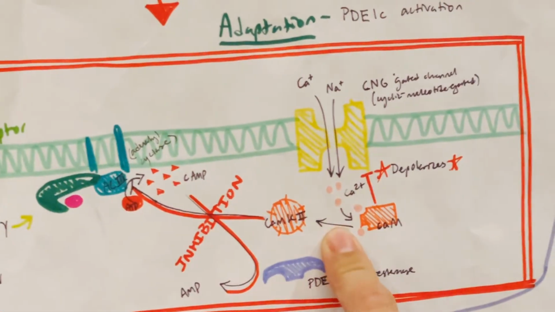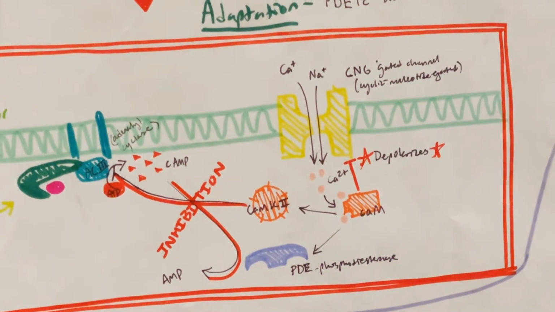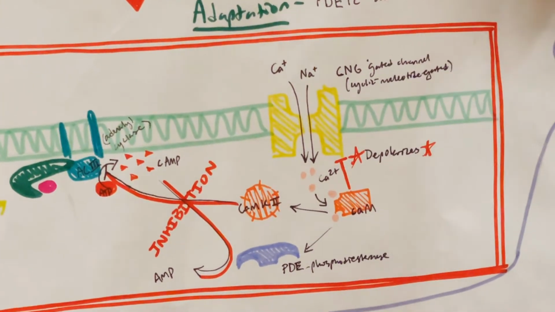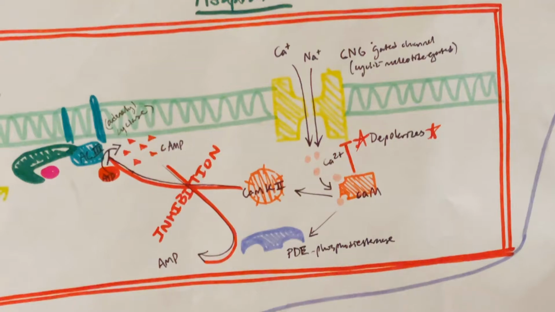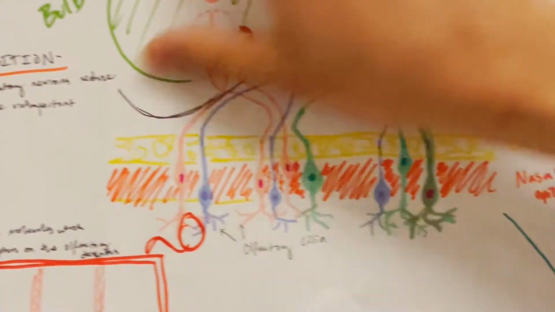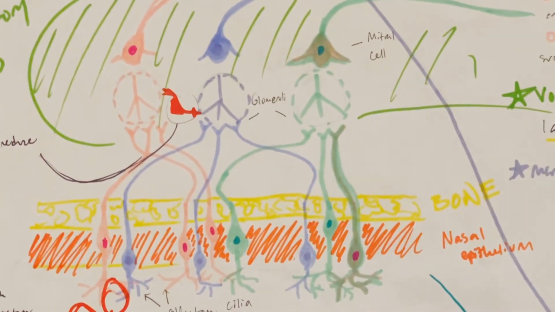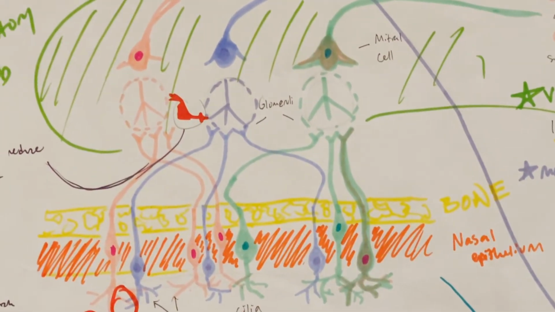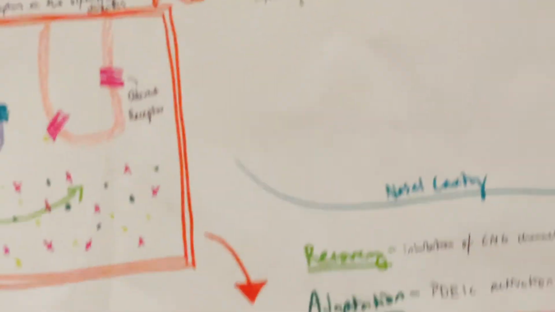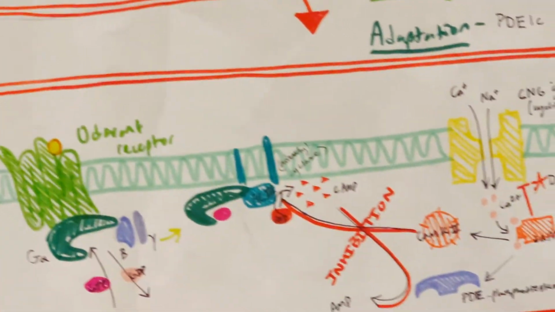Once the action potential is created, it travels down the axon of the olfactory neurons to the olfactory bulb, to the synapses, to the mitral cell, where it will be processed in the higher region of the brain. So that's just a quick run-through of the olfaction signal transduction pathway.